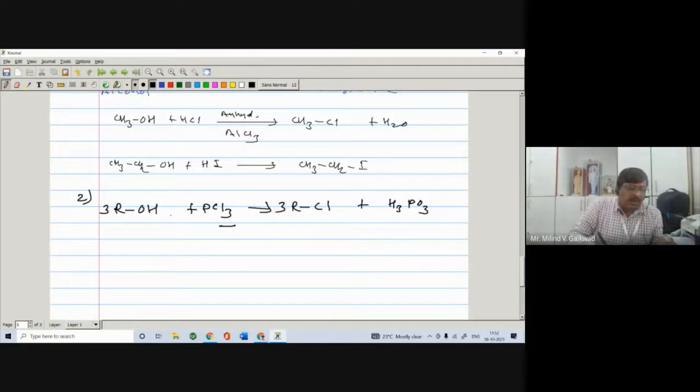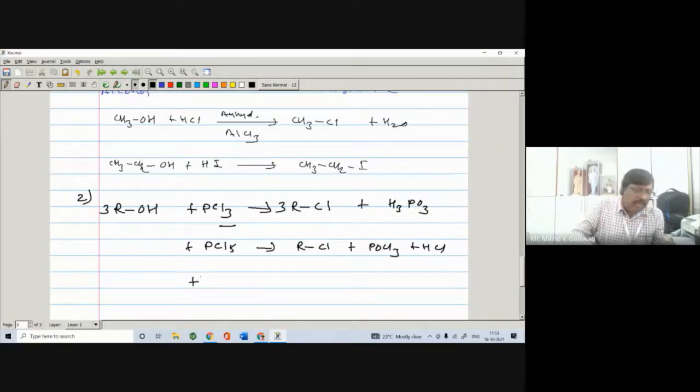Similarly, you can also react this alcohol with PCl5, and you get RCl plus POCl3 and HCl, right?